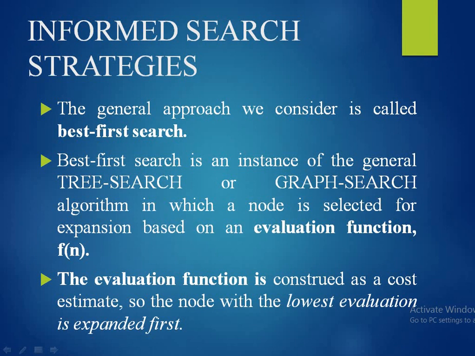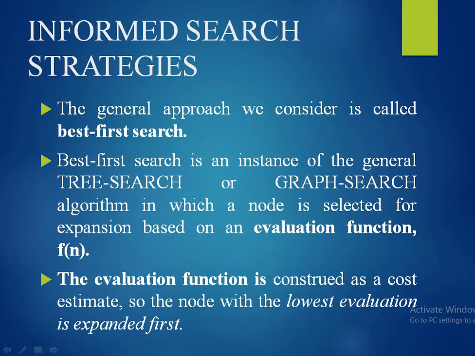Best first search is an instance of the general tree search or graph search algorithm in which a node is selected for expansion based on an evaluation function. This evaluation function is denoted as f of n.